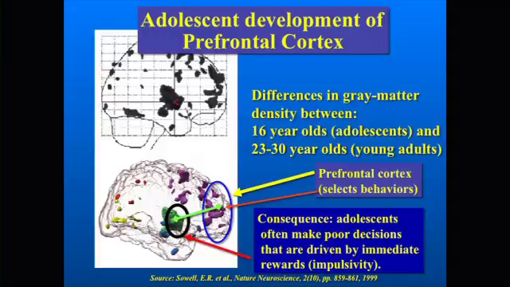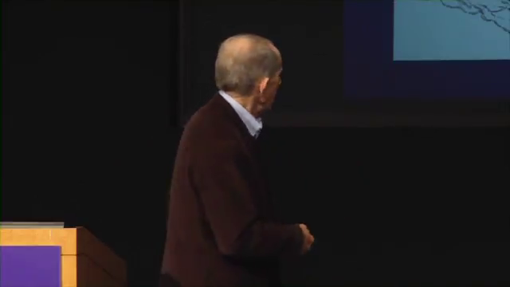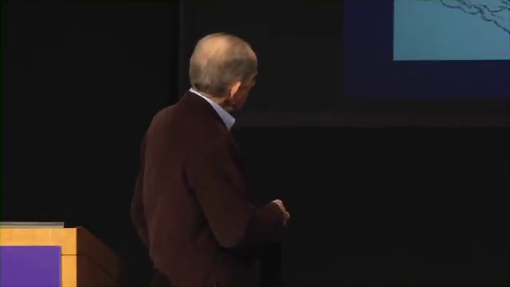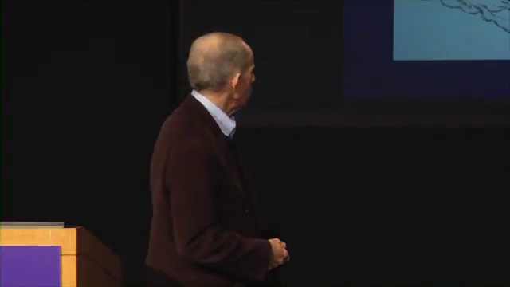And it looks like one of the reasons is that if you look at the development of a 16-year-old compared to an adult, 23 to 30-year-olds, and you find out which areas of the brain haven't functioned, where's the biggest difference in development, it turns out it's right here in the prefrontal cortex. It has to do with myelination, with maturing of brain and pathways and brain function, but there's a big difference.